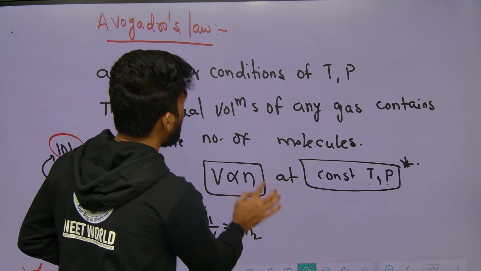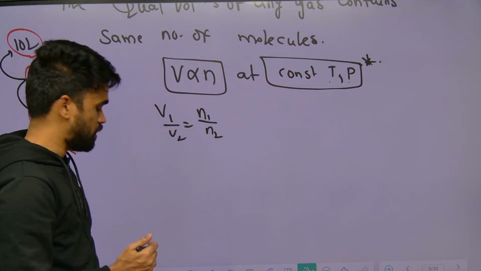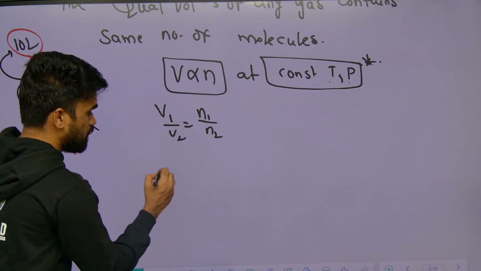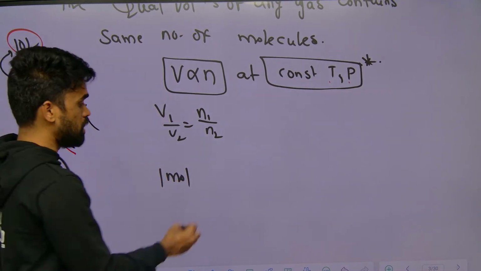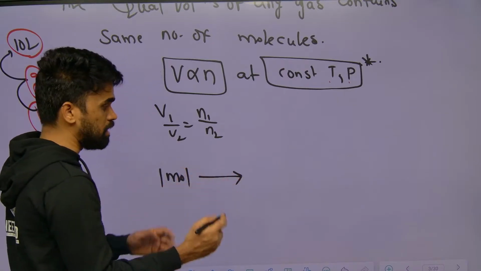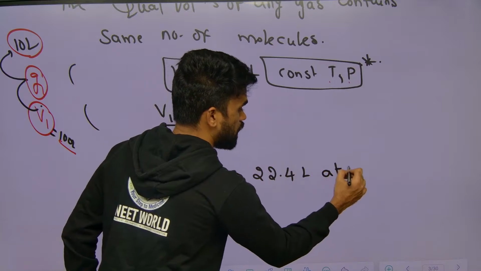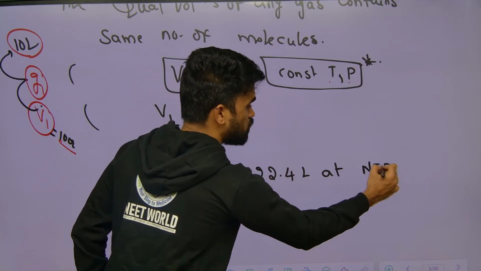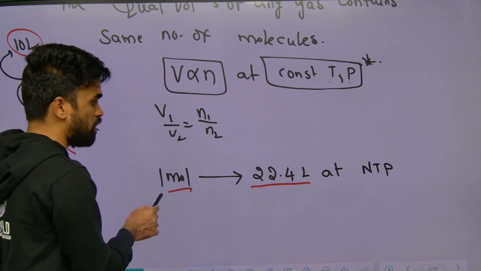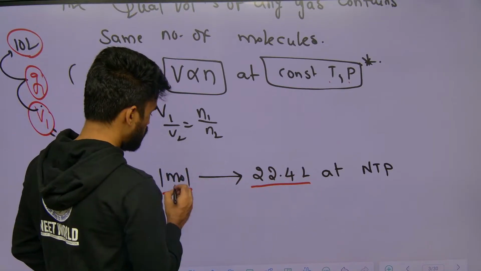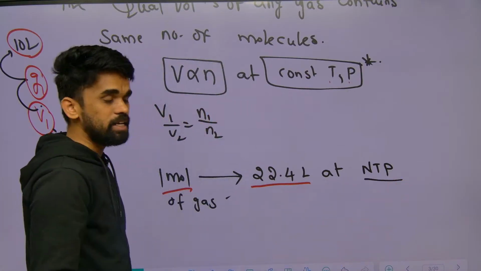Now Avogadro made an experimental observation. He took 1 mole of gas particles, and these occupy 22.4 liters at NTP conditions. At NTP, the volume occupied by 1 mole of any gas is 22.4 liters.